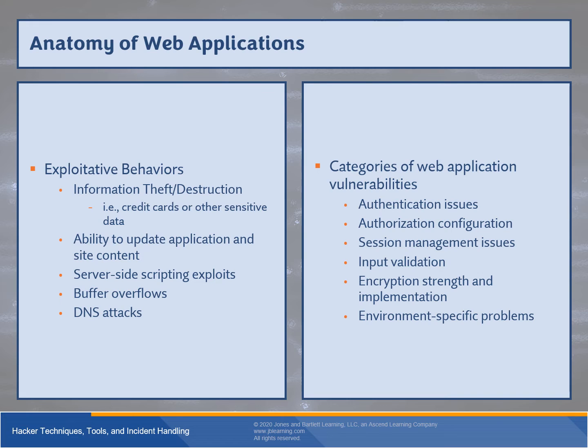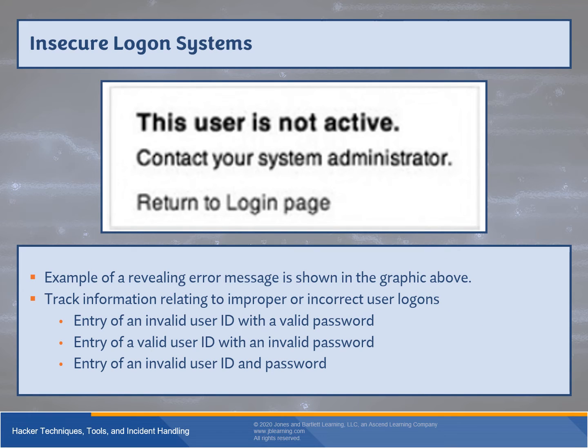We also have some different vulnerabilities that form categories of things that can be targeted when people are trying to break a web app. Usually AAA, so authorization, authentication, and accounting. Configuration problems, input validation, session management, encryption, and then environmentally specific problems, which are very, again, very specific, proximity to a certain physical object or whatever else.